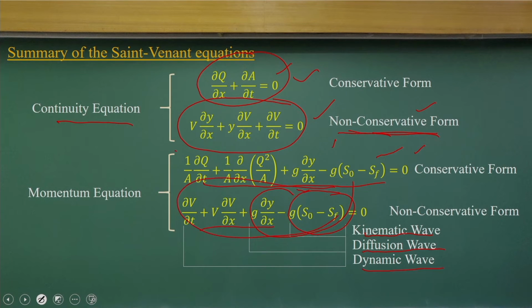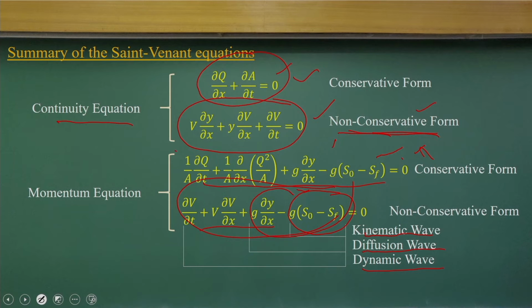So these are the equations in Q and A, or V and Y, where Y is the flow depth. With two equations we can solve for the two dependent variables, like the discharge and the area, or the velocity and depth.